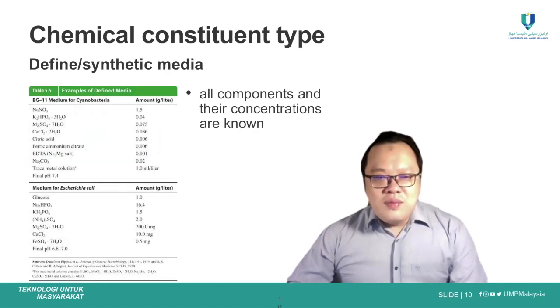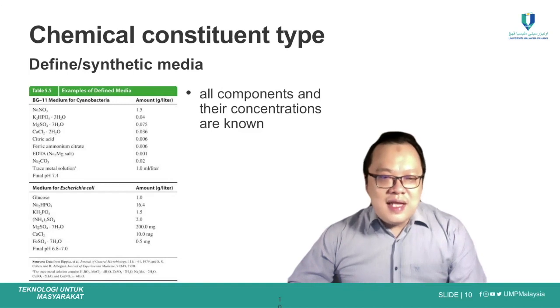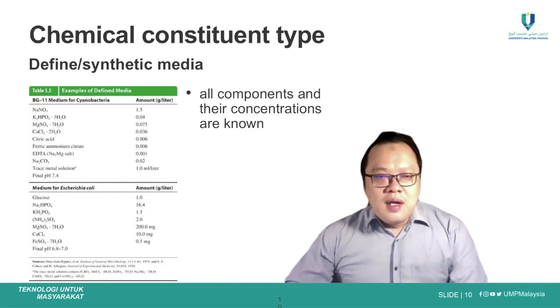We can group media based on the chemical constituent as either defined or synthetic media, and non-defined or complex, non-synthetic media. In the defined or synthetic media, all of its components and concentrations are known.